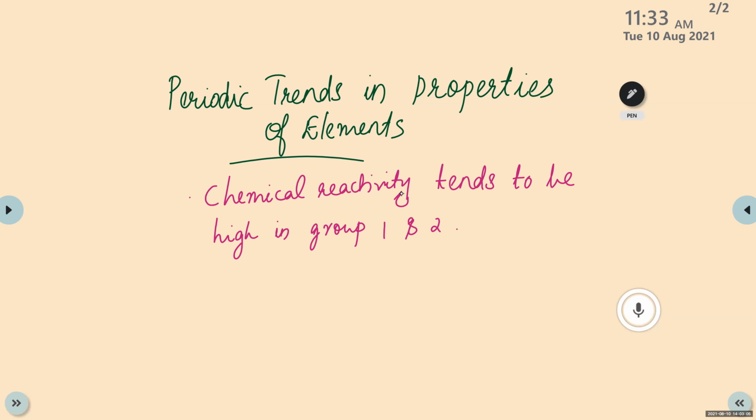Among these two, group 1 has more reactivity. Okay, so chemical reactivity tends to be high in group 1 and 2.